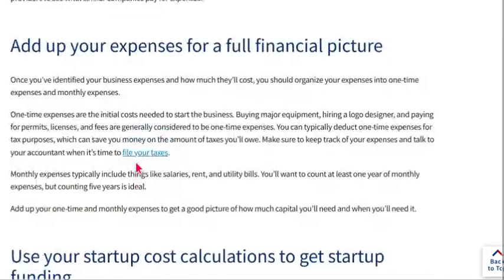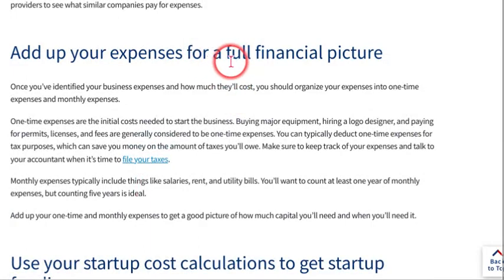So you're going to add up your expenses for a full financial picture. Once you've identified your business expenses and how much they'll cost, you should organize your expenses into one-time expenses and monthly expenses. One-time expenses are the initial costs needed to start the business.